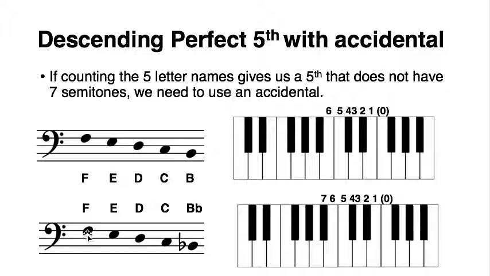We start on F, ending on B would give us 6 semitones. We then lower that B by a semitone, having a B flat instead, and now we do have 7 semitones. So F to B flat is now a perfect fifth, a descending perfect fifth.